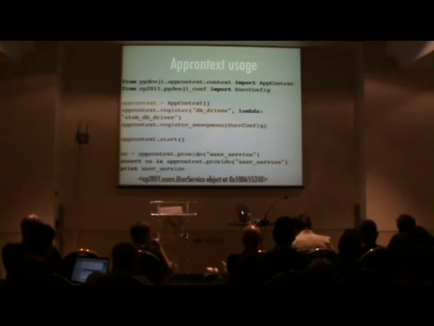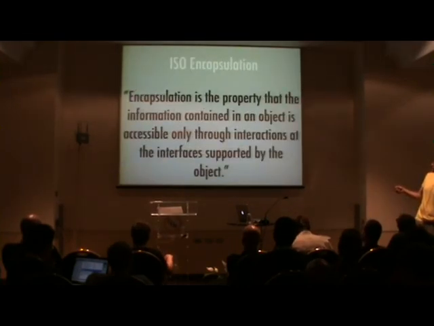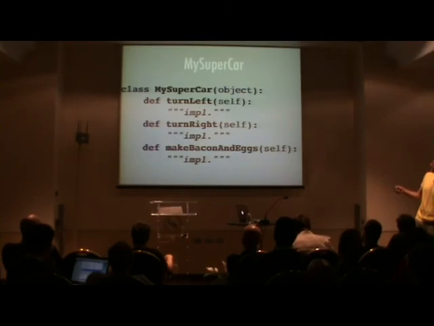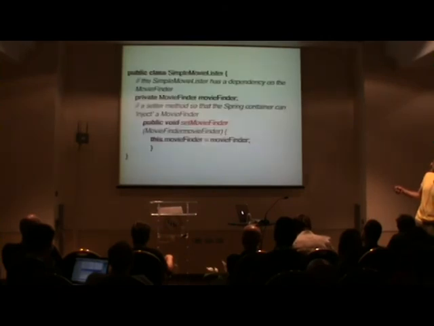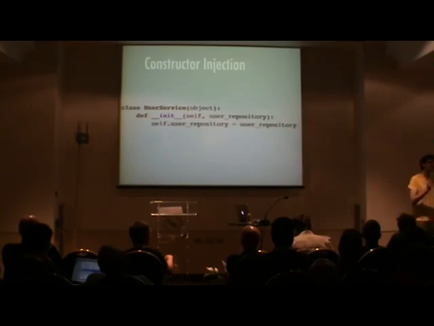You take your business code, you put a decorator in there, and you say, here I want a user repository. I don't like that approach because it makes your code dirty. In order to use an IOC, you need to depend on an IOC. You don't have to do this with Dependency.